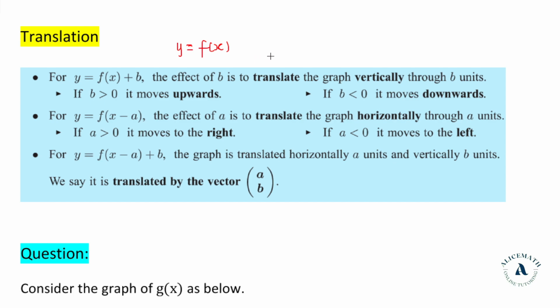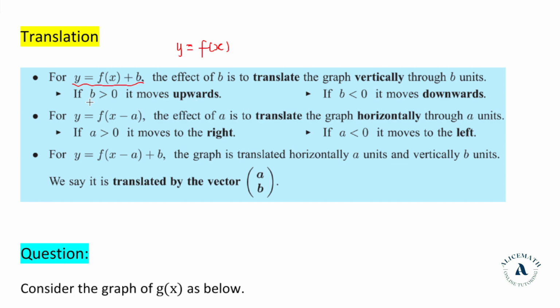If you want to translate the graph vertically through b units, so now what's the equation of the new graph? We can write it this way: y equals f(x) plus b, which means upwards or downwards through b units. So here, how do we verify the move upwards or downwards?